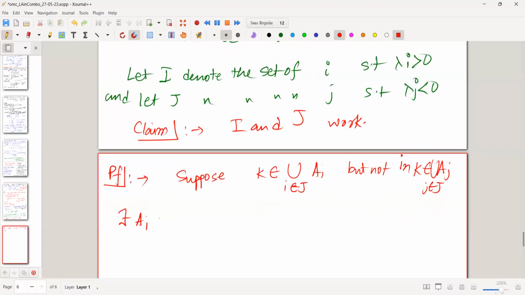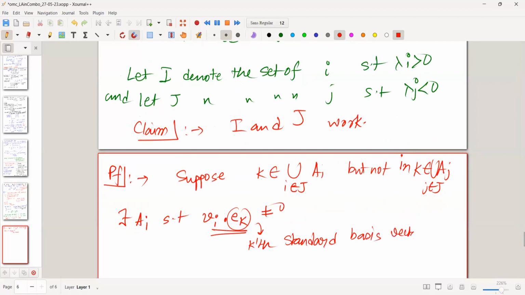So now you know that there exists some i such that v_i's kth coordinate is not 0. I'm just saying e_k is the kth standard basis vector. You don't need to think about this; I don't know why I wrote this. So e_k is basically a bunch of zeros, a 1 in the kth position, and then zeros again.